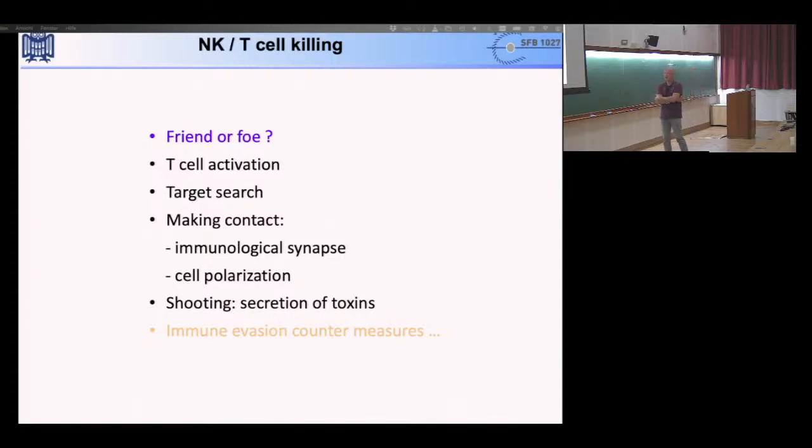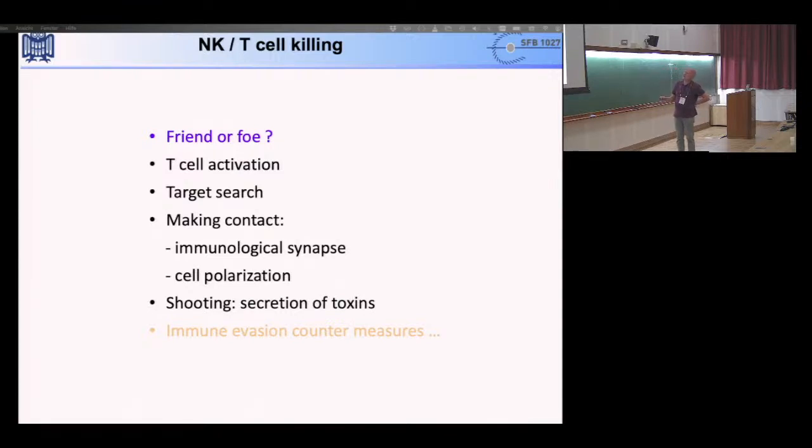Why, I will tell you. There are tons of T cells in your body, but nearly none of them is activated except once you get infected with a pathogen or you have a tumor inside or something.